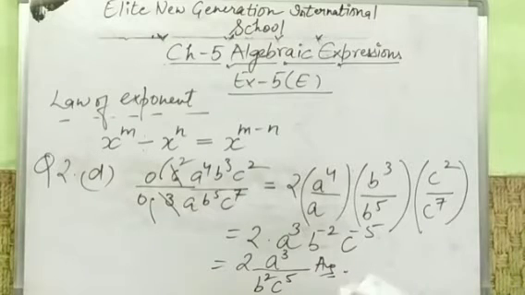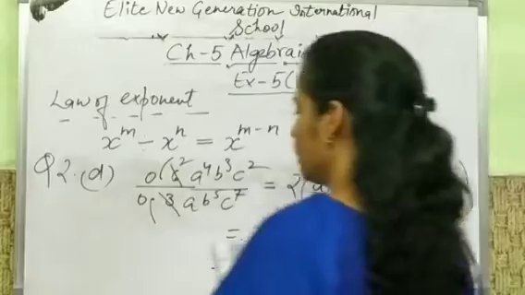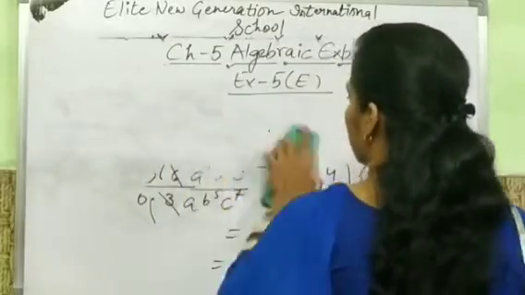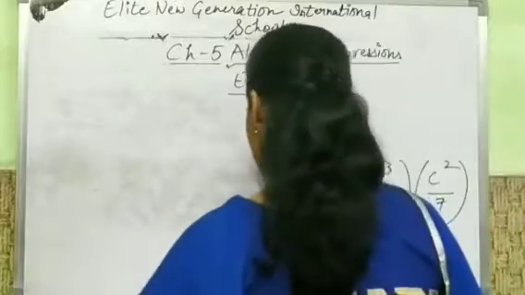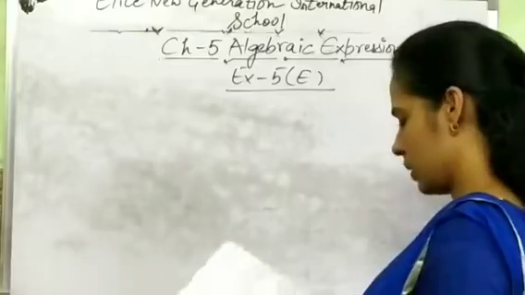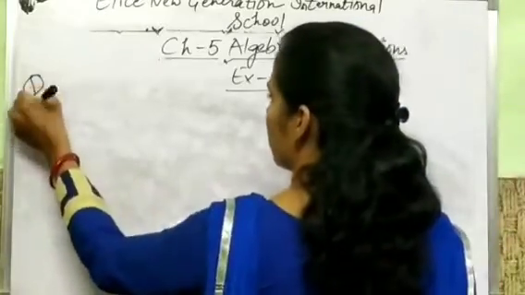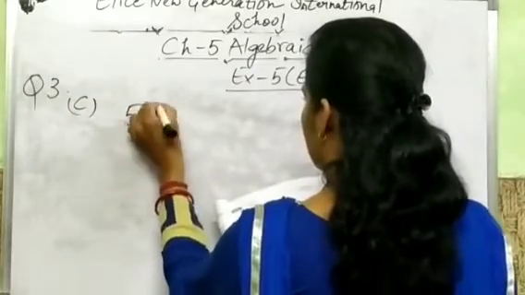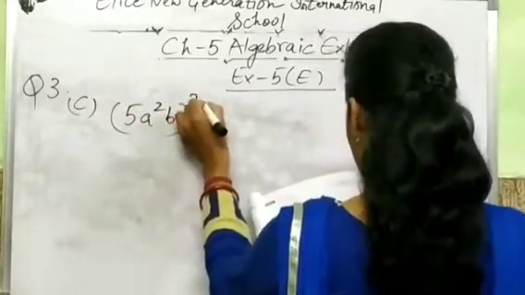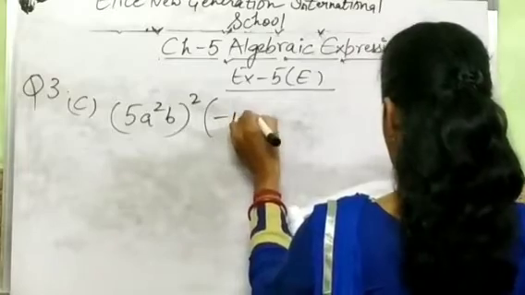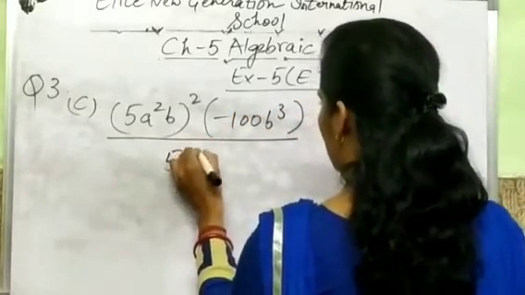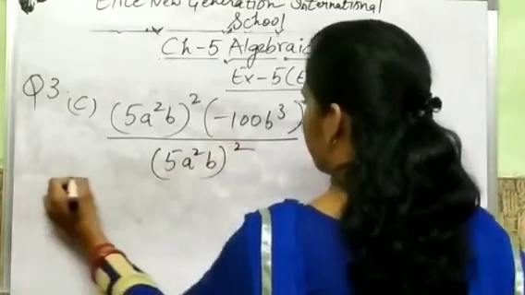And let's solve one more question. Question number 3, part C: 5a square b to the whole square minus 100b to the power 3 over 5a square b to the whole square.